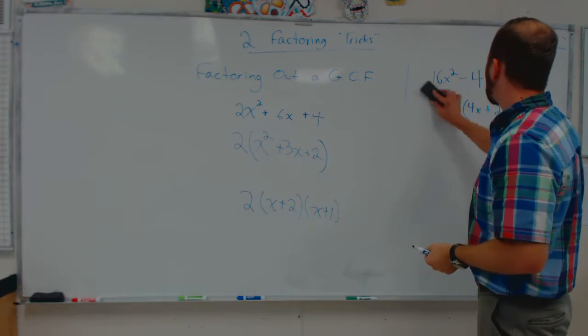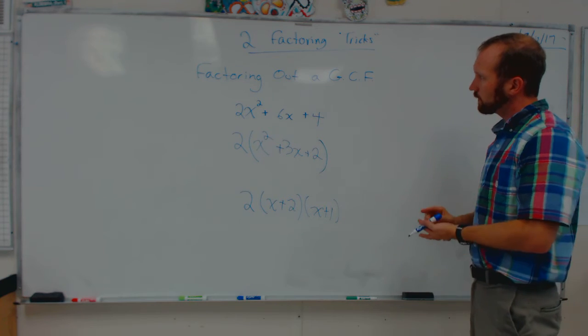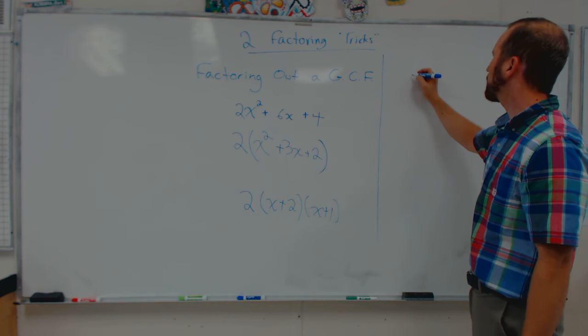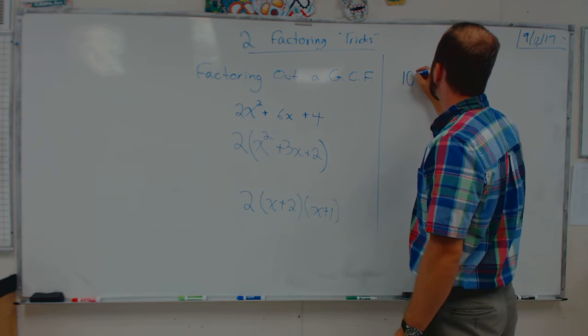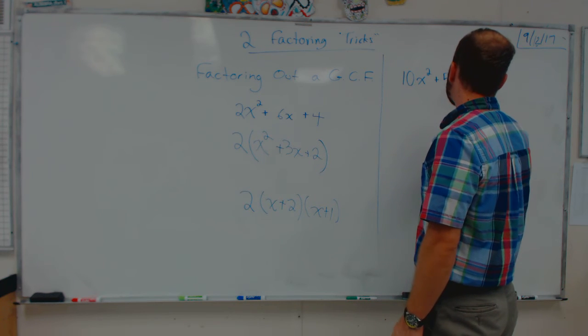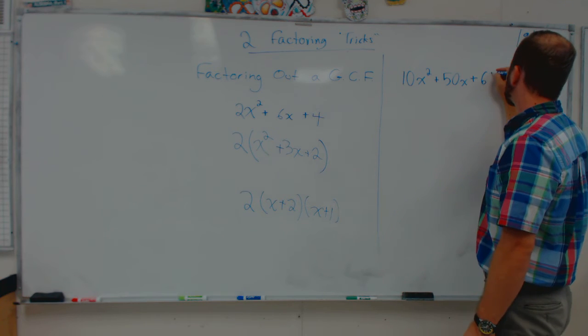So let's do another one like that. What if I had something like this? 10x squared plus 50x plus 60.